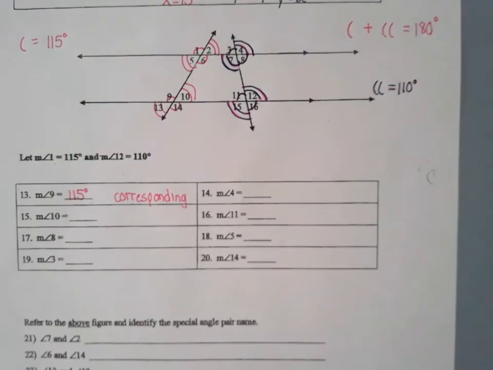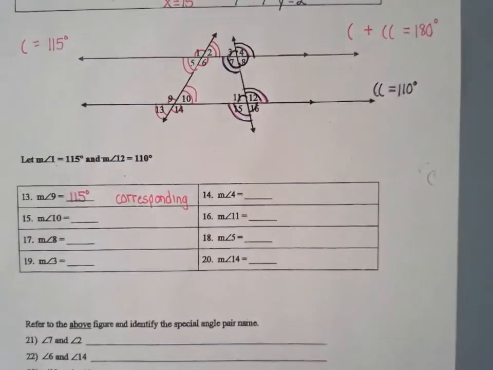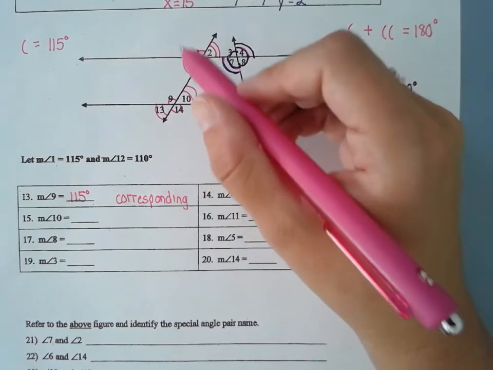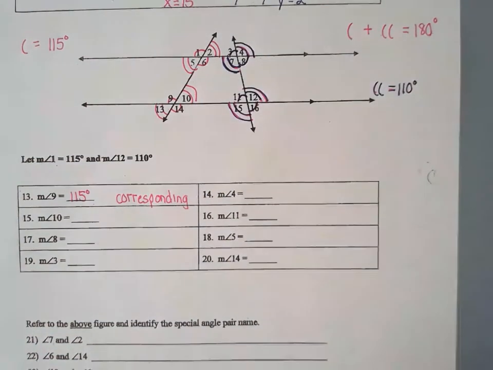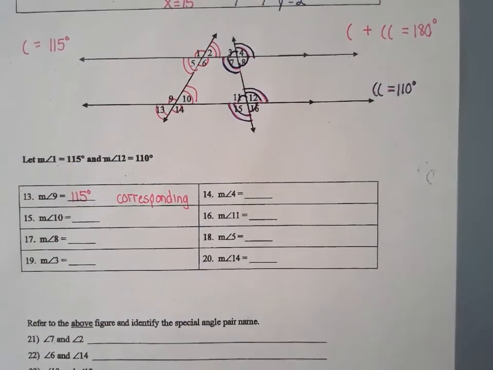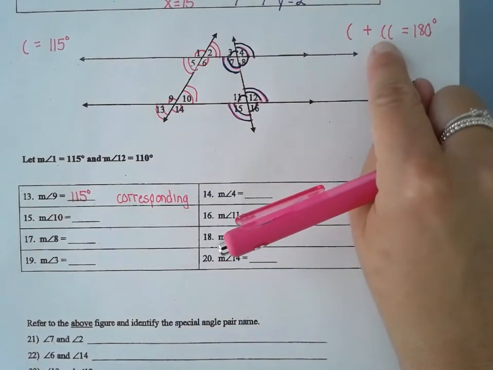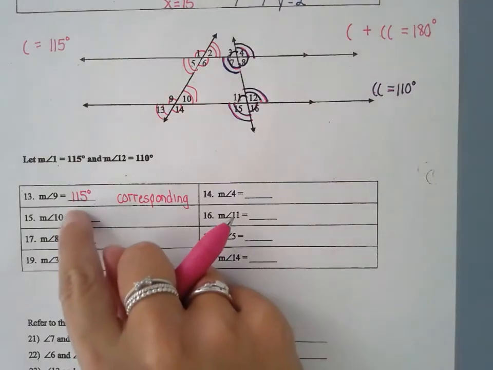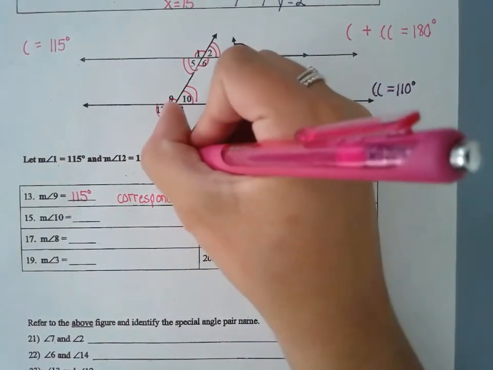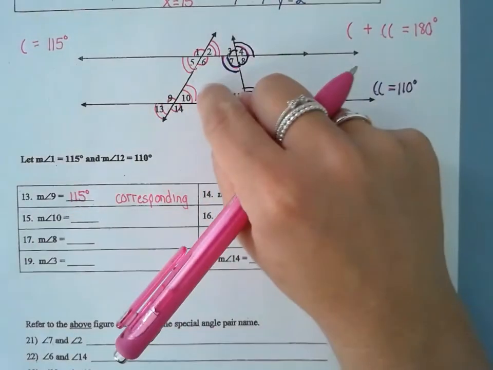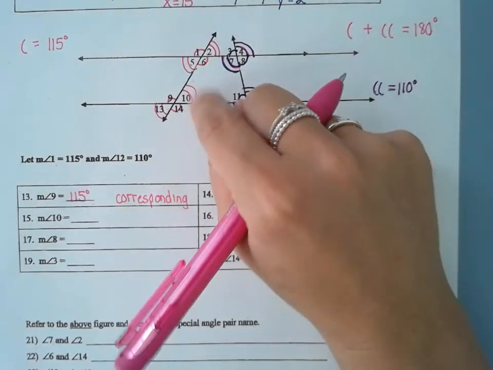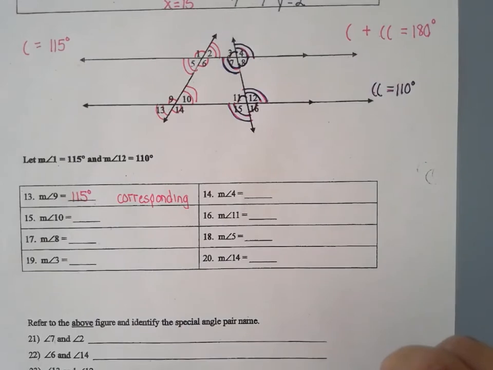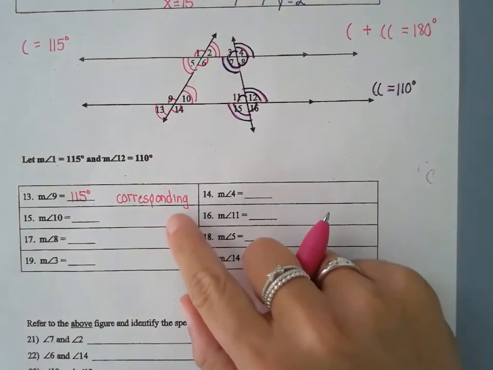Next, we have angle 10. Angle 10 has two congruence marks, while angle 1 has one congruence mark. We know that one congruence mark plus two congruence marks equals 180. Since I don't know what angle 10 is yet, I'm going to identify that as x. And also, these two angles do not have a relationship with each other that we've really talked about, so we don't have to write anything there.